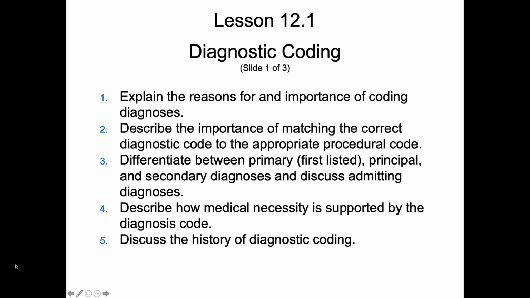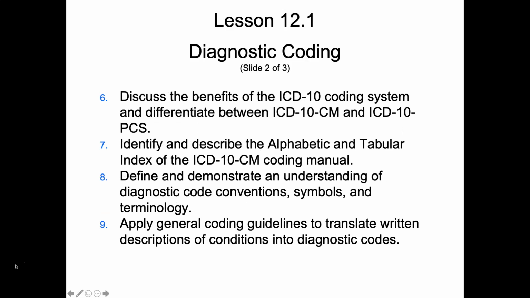But you'll want to differentiate between primary or first listed, principal, and secondary diagnoses, and discuss admitting diagnoses. You'll want to look at how medical necessity is supported by the diagnosis code. We'll talk briefly about the history of diagnostic coding, and discuss the benefits of the ICD-10 coding system.